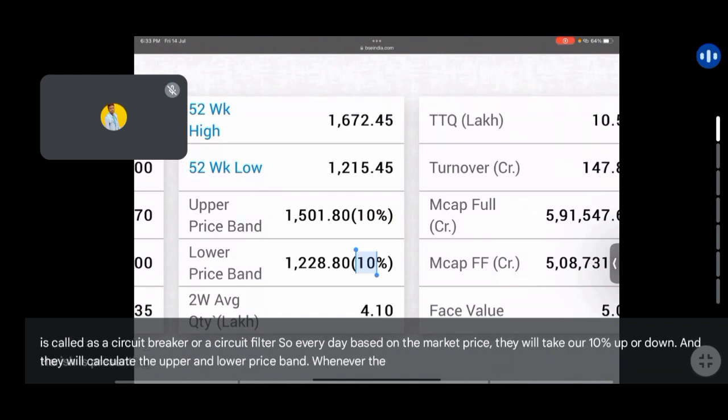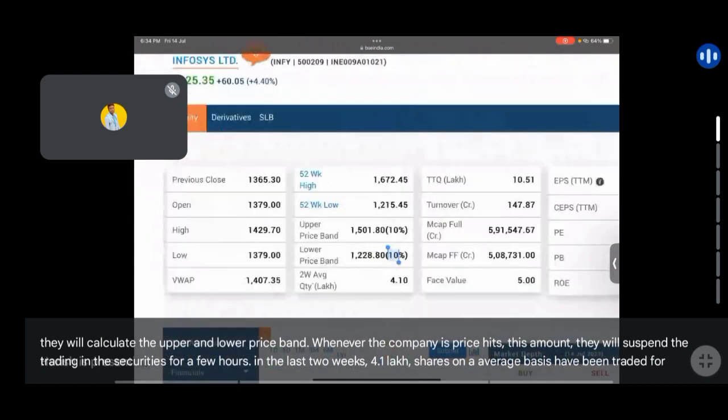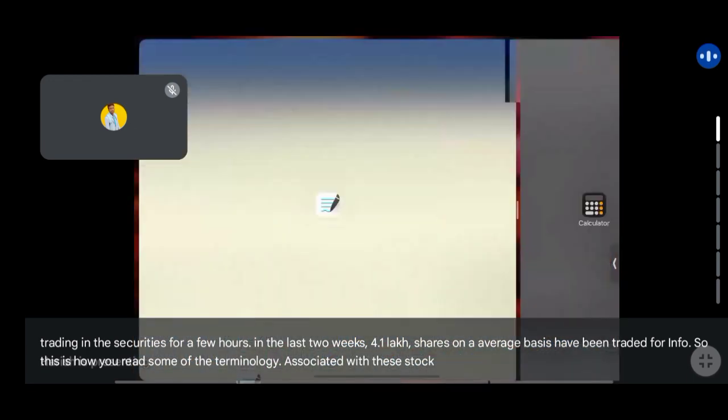Whenever the company's price hits this amount, they will suspend the trading in the securities for a few hours. In the last 2 weeks, 4.1 lakh shares on an average basis have been traded for Infosys. So this is how you read some of the terminology associated with these stock exchange portals.